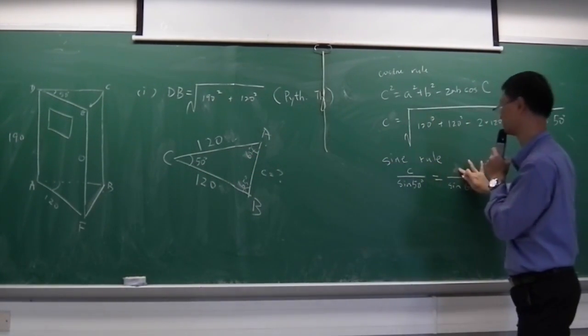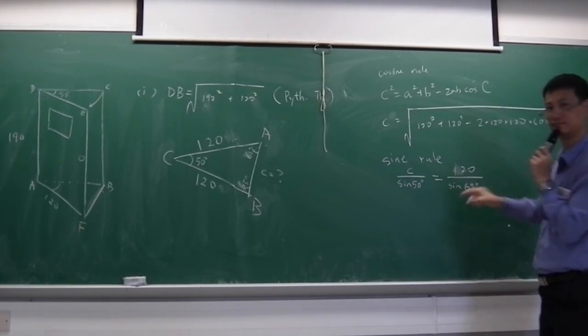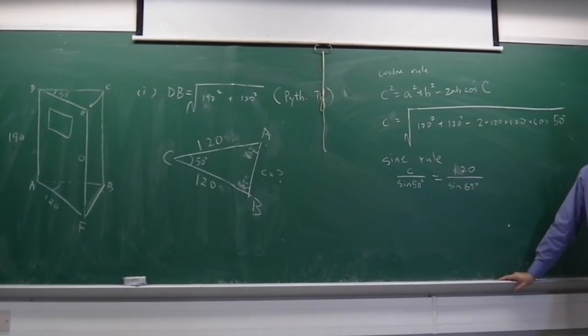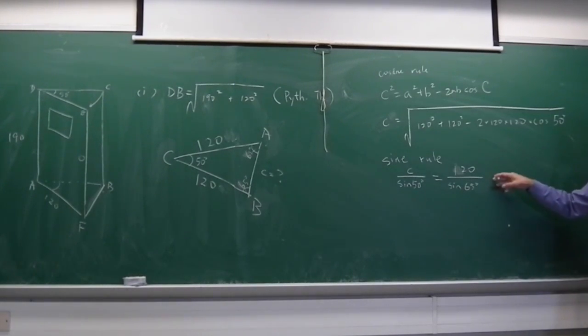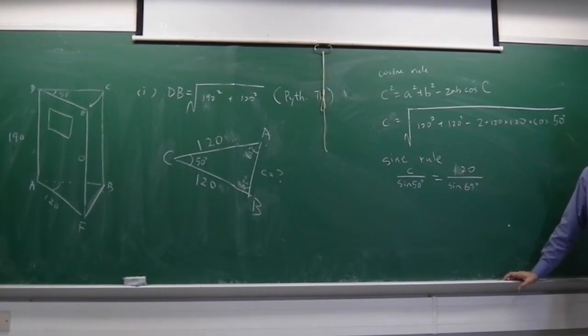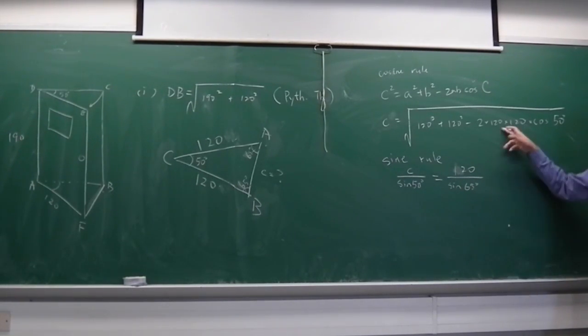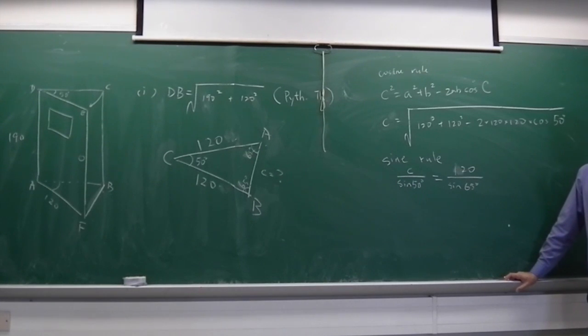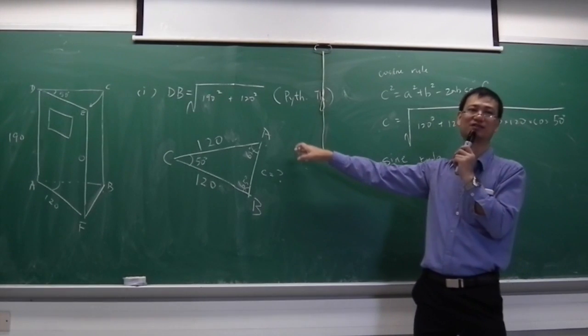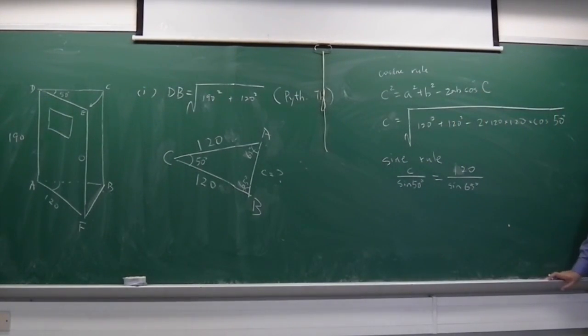And the length of A is just 120. This is the sine formula. Arguably, this one is easier to do in calculation, although it involves two steps. We first find out the angle, but the actual formula is easier and you should make fewer mistakes than using this one. Okay. Using both methods, you will be able to find the same answer. And I believe this one is slightly faster. It's okay.